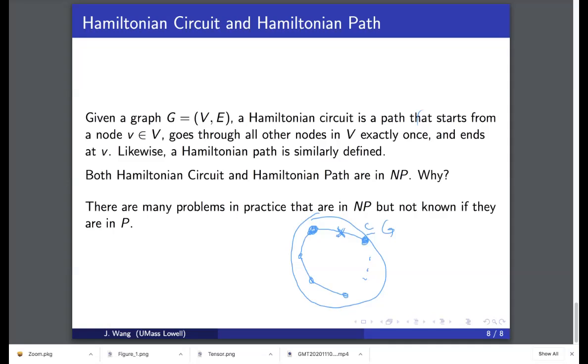Nobody gives it to you, I make a guess. That's equivalent to saying that there exists a path in your computation tree that is accepting. That is how you would tell whether a problem is in NP.